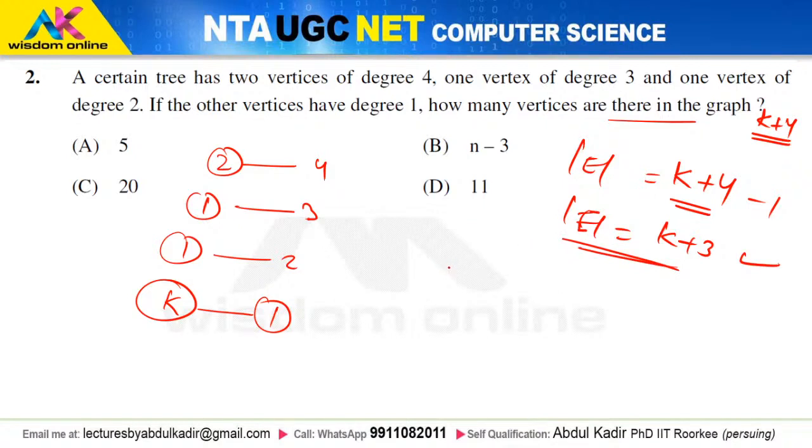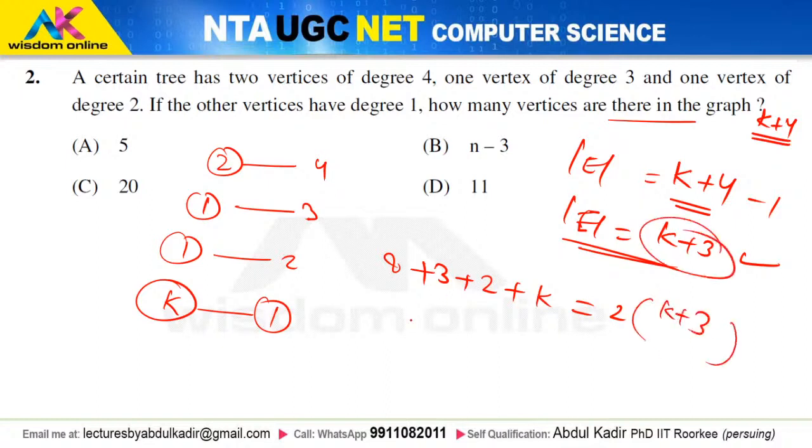Now you can apply the handshaking lemma. The handshaking lemma says that the summation of degrees is twice the number of edges. So 2 vertices of degree 4, that is 2 into 4, which is 8, plus 3 into 1, that is 3, plus 2 into 1, that is 2, plus k into 1, that is k. This is equal to twice the number of edges. The number of edges is k plus 3.